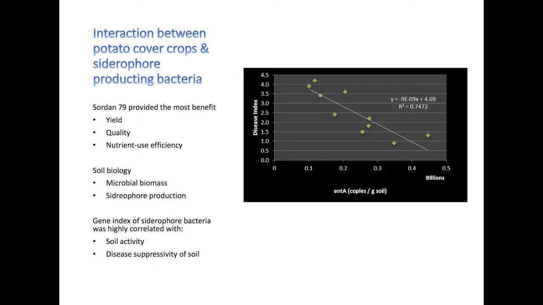So we've predicted that function or that biological activity, and I'll end with just saying this is similar, where this is that same index of the biological community, the siderophore community, versus disease, and again we have a nice relationship, and we've predicted that disease index.